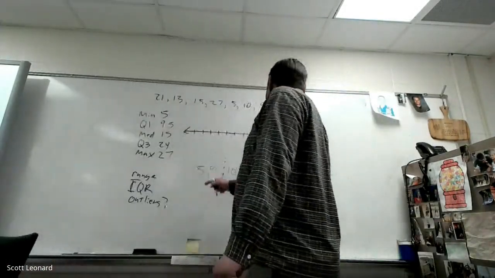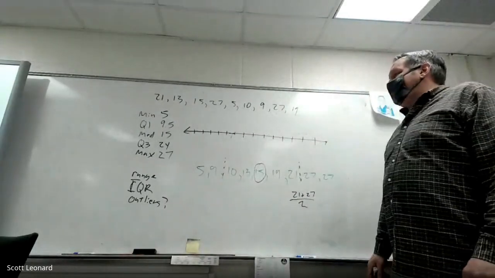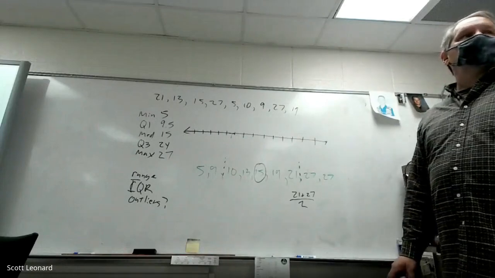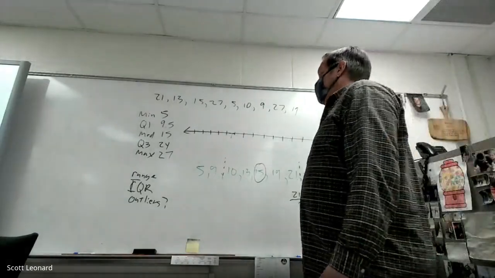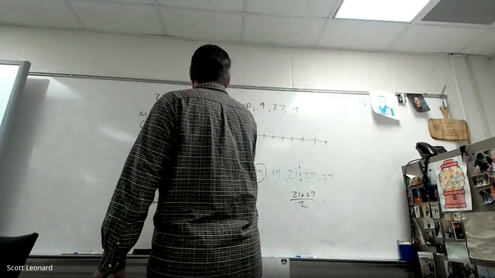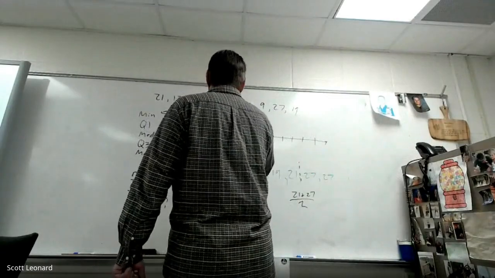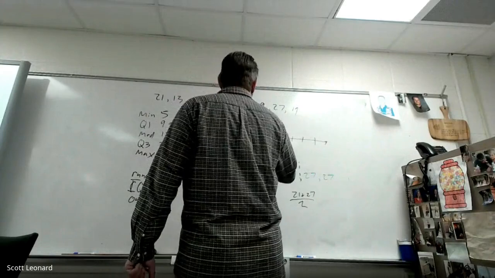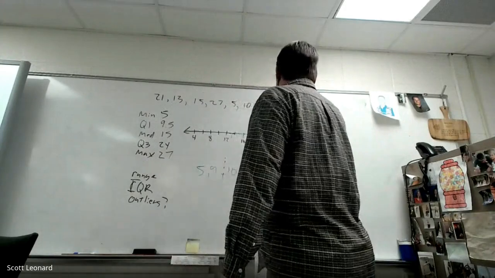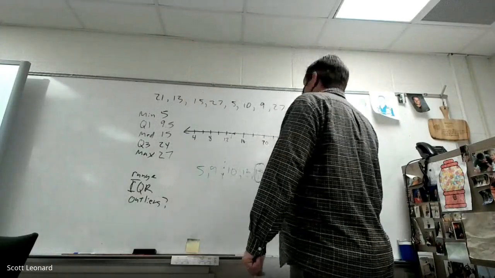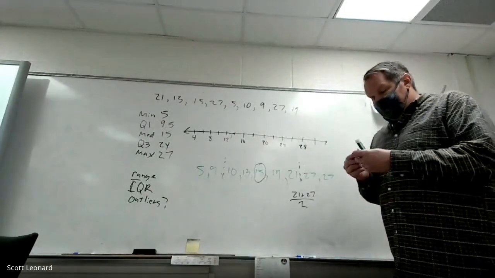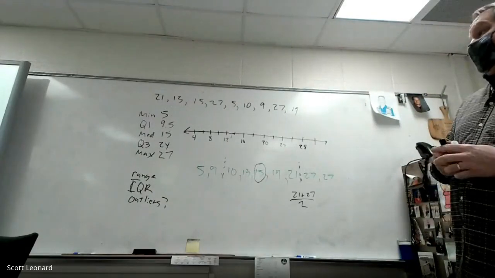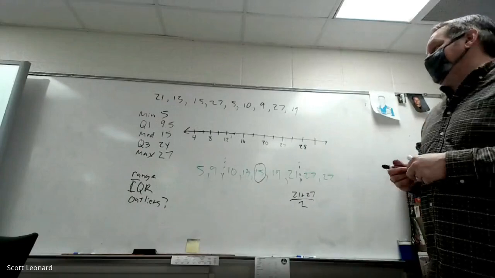Okay. What do you want to make your table go up by? We got to get from 5 to 27. Up by 2s. All right, maybe we'll start at 4, 8, 12, 16, 20, 24, 28. Yeah, that'll work. All right, put our 5 dots on the graph. 5, 9.5, 15, 24, 27.